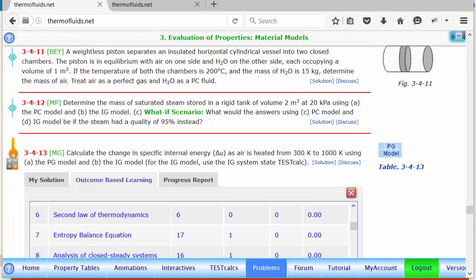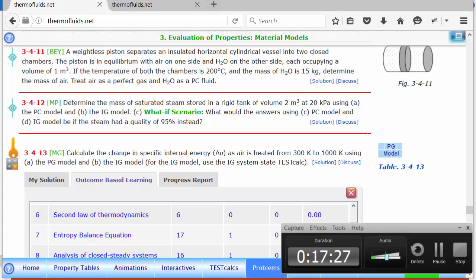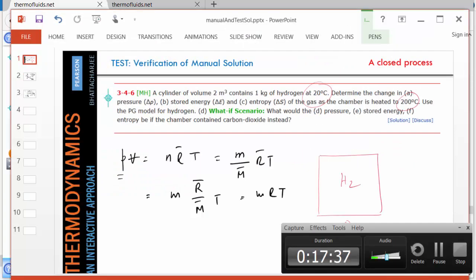Well, it's getting a bit too long, so I'll stop here, but you can see the potential for how TESTcalc can be used to verify a manual solution. And once you verify the manual solution using TESTcalc, you can go click on the problem number in the problems module and record your answer.